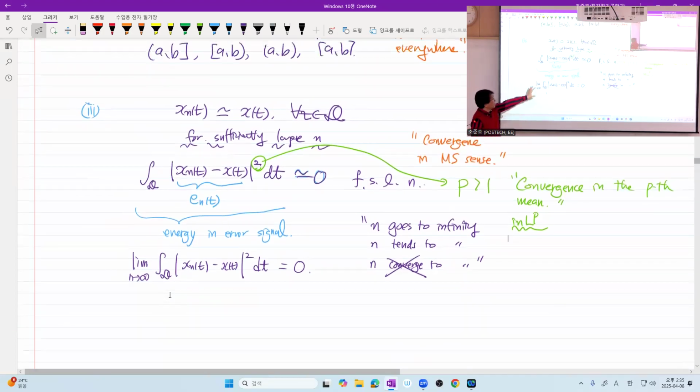By the way, this third one is what we are going to use when we talk about the sampling theorem, the Nyquist sampling theorem, not the Shannon sampling theorem. Because in Shannon's sampling theorem, we handle a random process. So we don't have a sequence of deterministic functions.